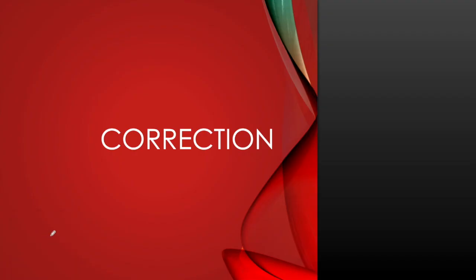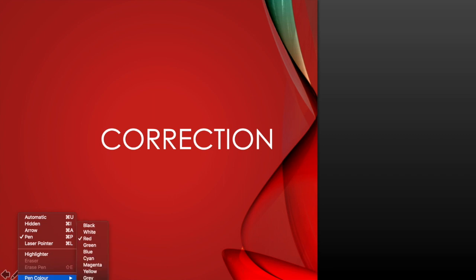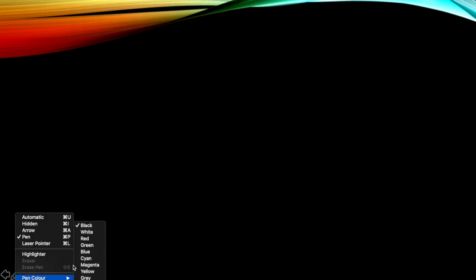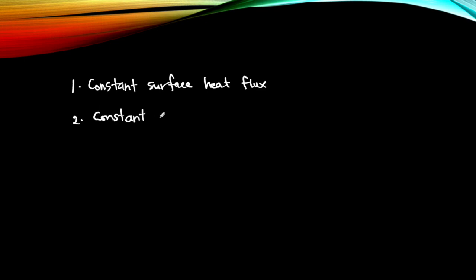Correction on this slide. Previously, I mentioned that there are two conditions: one is constant surface heat flux, and the second is constant surface temperature.